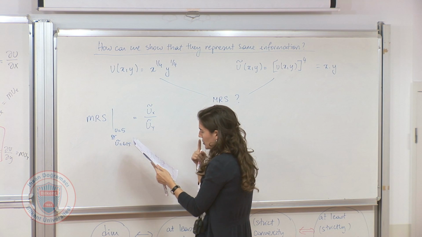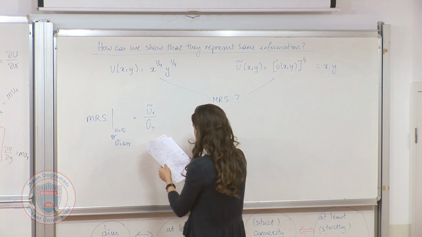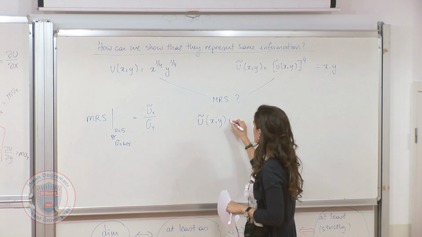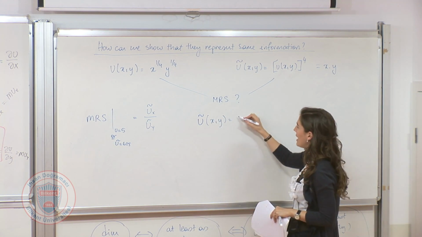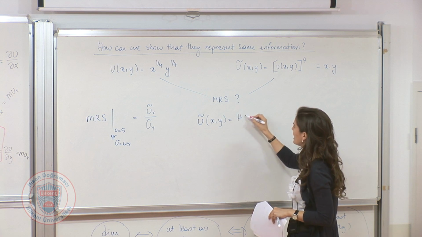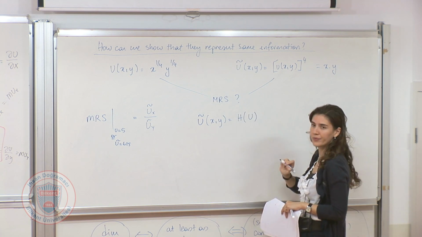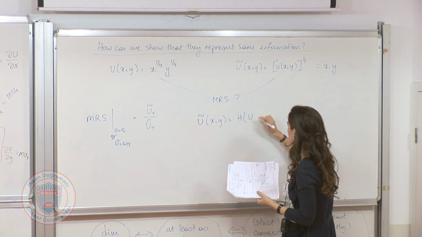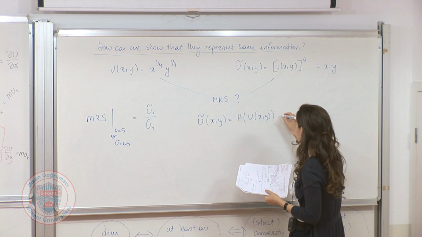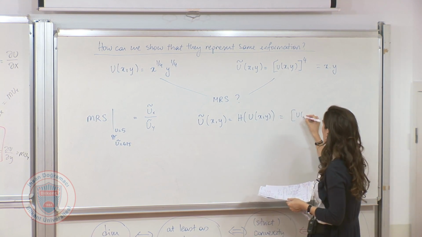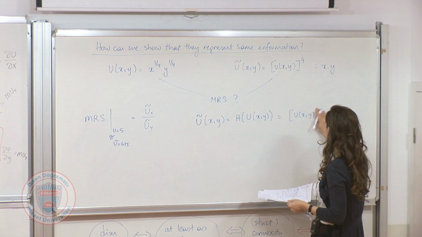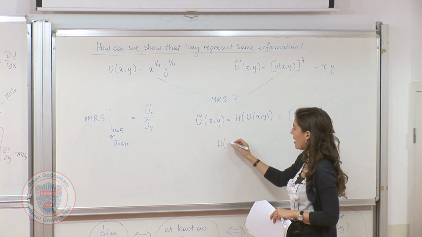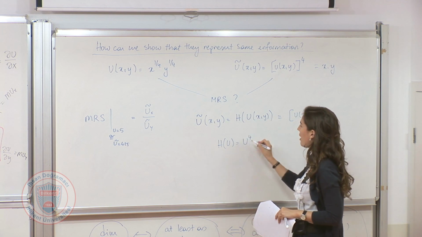Now let me use this. Remember, this U tilde was this. I can call this h of u. So this h function is what we did: h of u of xy, and then remember we had u of xy to the power 4. So this h function is u to the power 4.